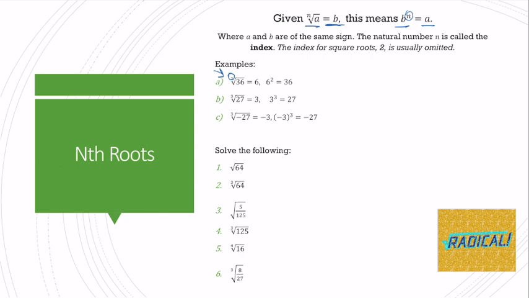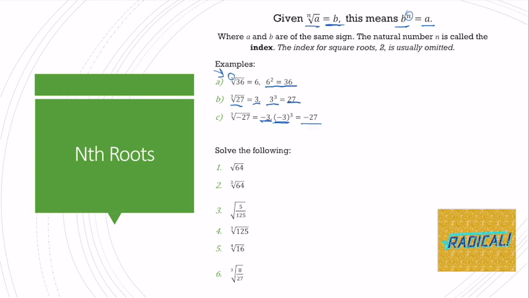So if I wanted to find the square root of 36, that'd be 6, because 6 squared is 36. If I wanted to take the cube root of 27, that would be 3, because 3 cubed is 27. If I take the cube root of -27, that's -3, because -3 cubed is -27, and so forth.